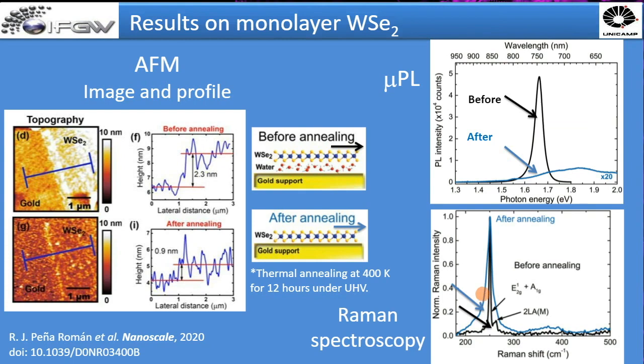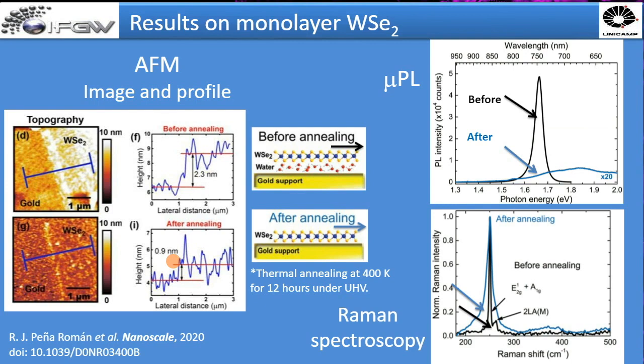And we compared this with a new round of AFM imaging, and we observed that before annealing we had a step height, which is, as I said, much higher than we expected for a monolayer of the TMD. But after we got something that is much closer to the expected.